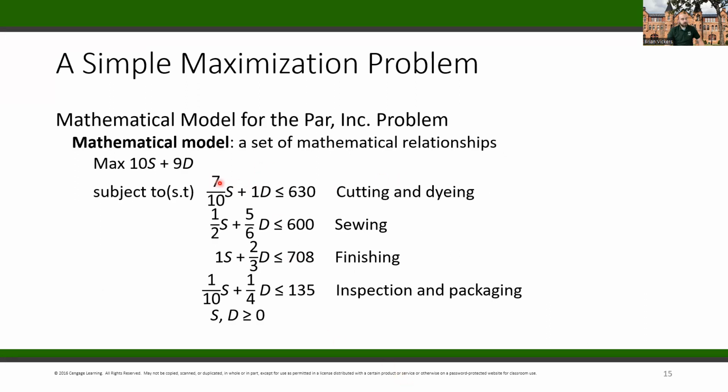Okay. So then you've got your 4 constraints: cutting and dyeing time, sewing time, finishing time, inspection and packaging time. You have your objective function here, maximize your profit, 10S plus 9D, meaning $10 for every standard bag and $9 for every deluxe bag, subject to these constraints.